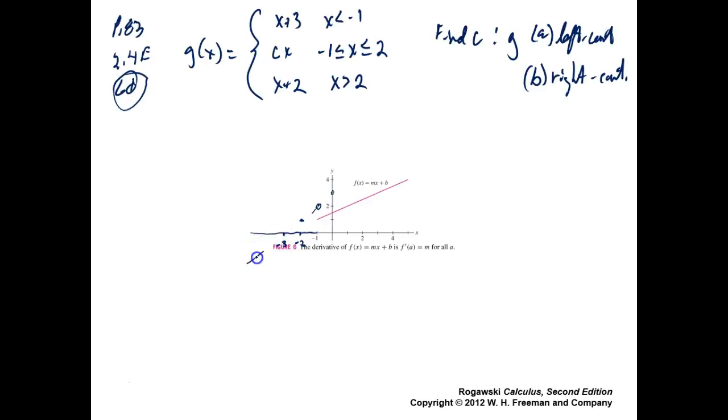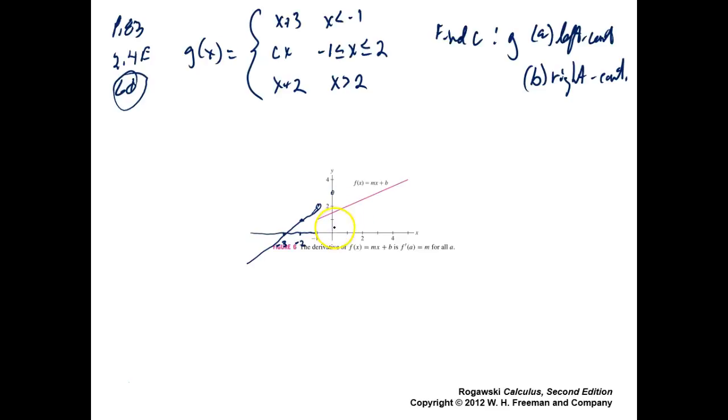So here's up to that point, but not including that point. Then it's Cx anywhere from -1 less than or equal to x less than or equal to 2.